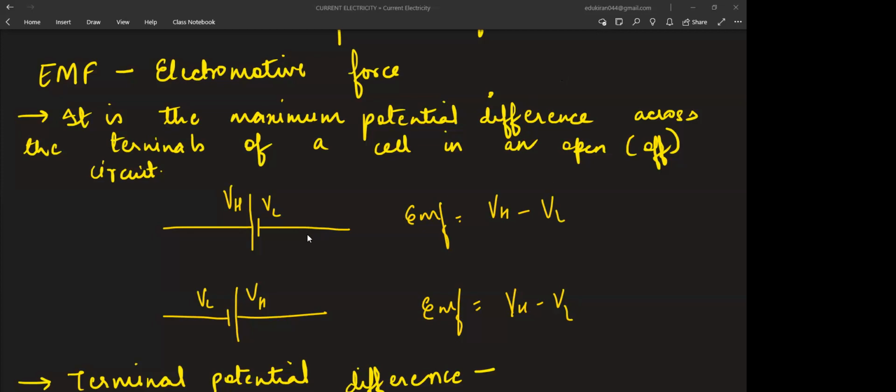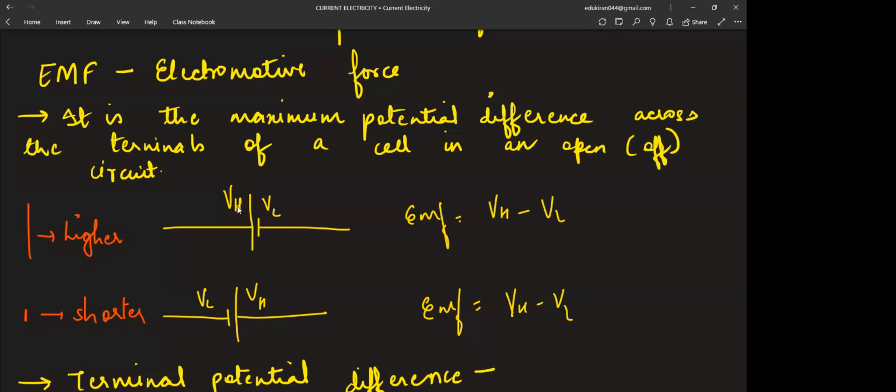If this is a cell, remember one thing: the longer side is the higher side, higher voltage, and the shorter side is the lower side. So this is VH, this is VL.